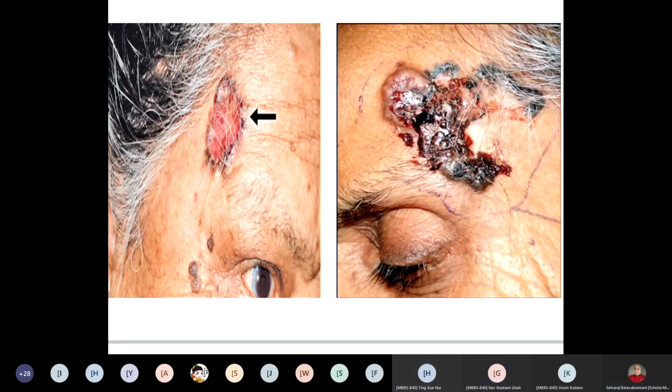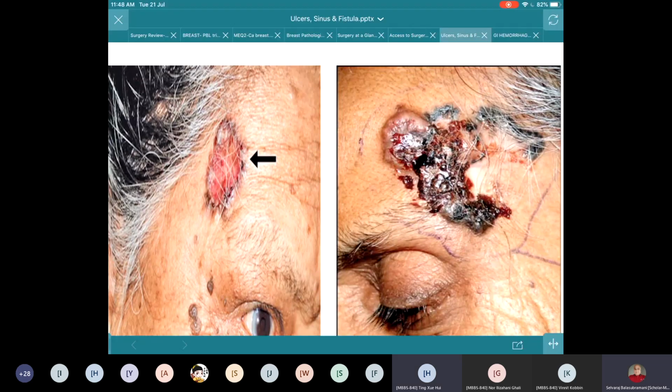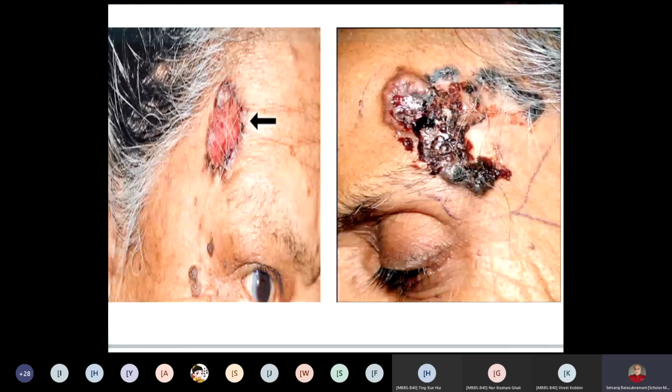No. You need not do lymphadenectomy because there is no lymphatic spread. But the problem is this is over the face. Suppose if it is over the cheek, you have to remove a large area. After that, how will you cover that raw area?